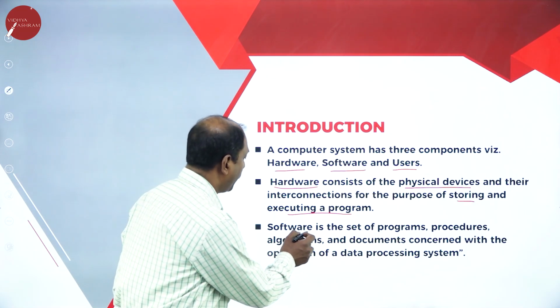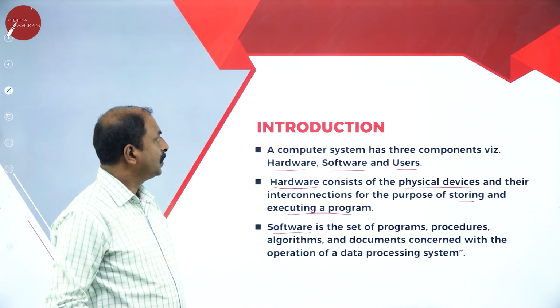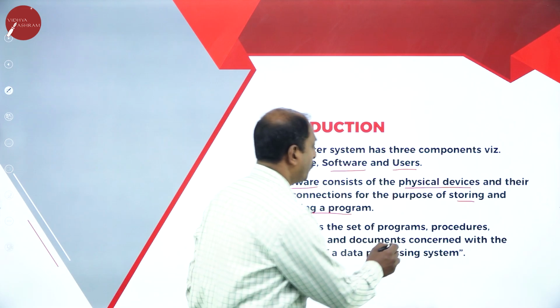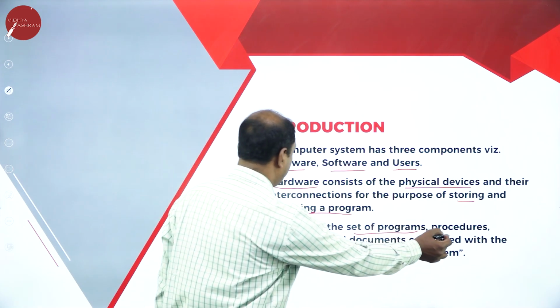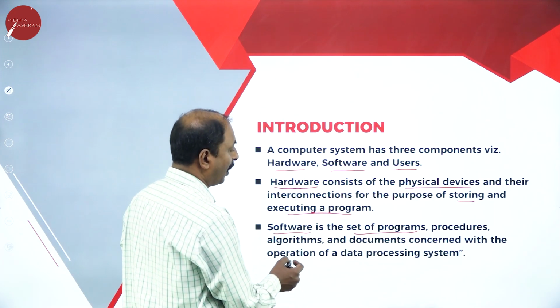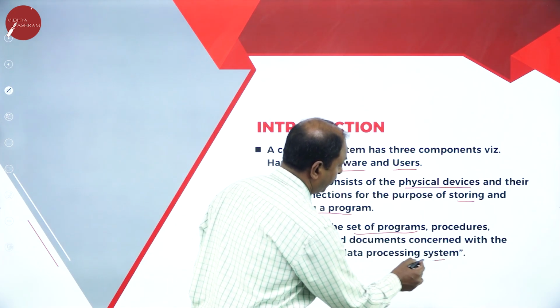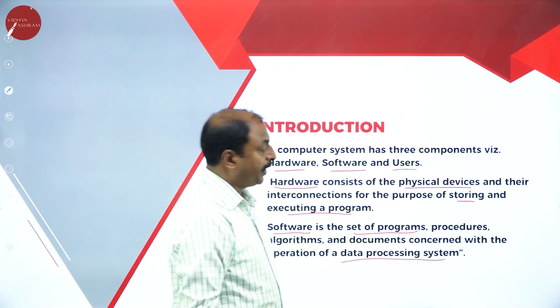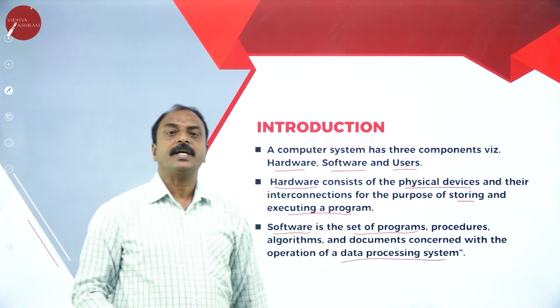Now, what is a software? Software is the set of programs, procedures, algorithms and documents concerned with the operation of a data processing system. Here a data processing system is nothing but a computer.